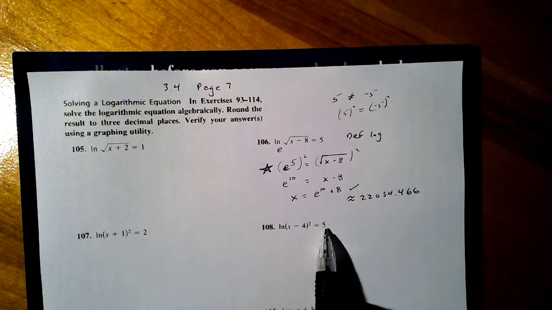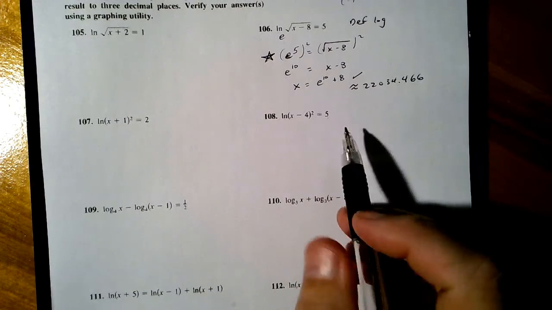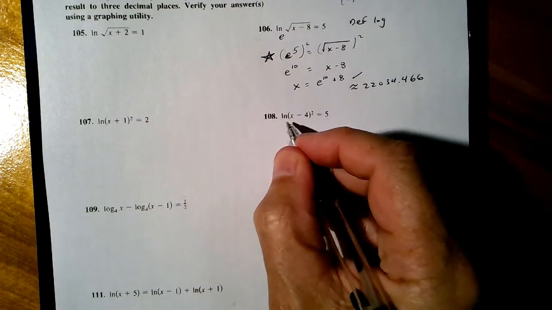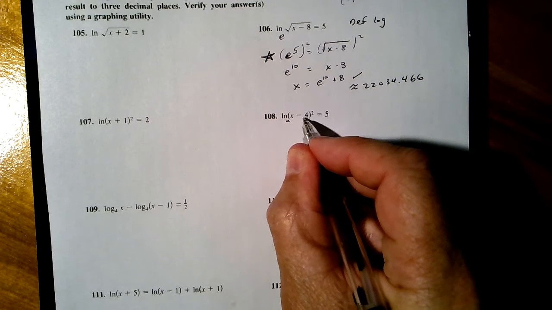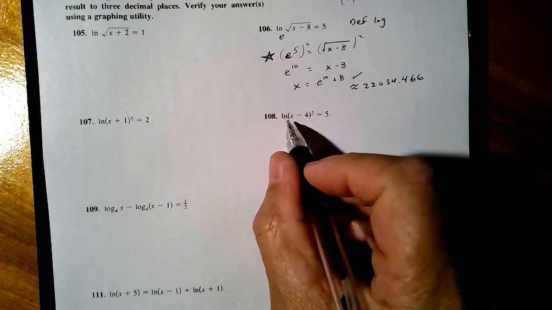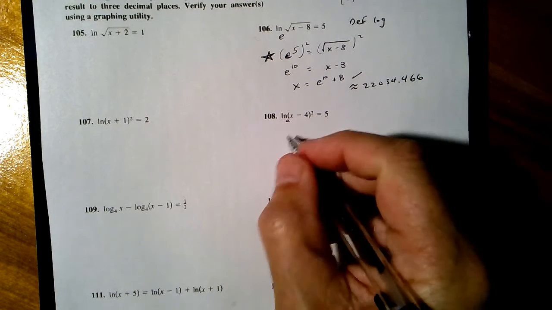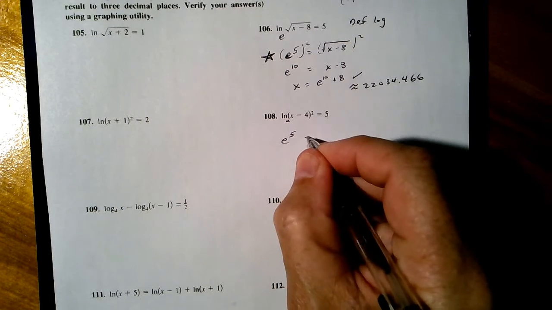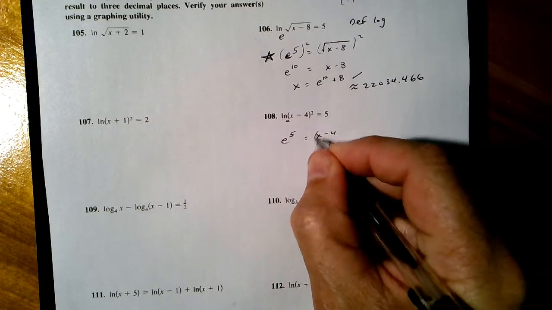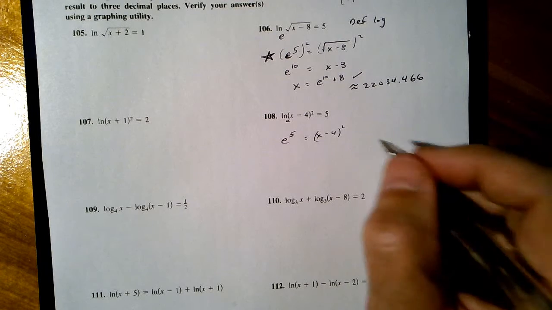Plain old log equals plain old number. Definition of logarithm: this is the exponent that turns e into x minus 4 squared. But this is 5. Therefore, 5 is the exponent that turns e into x minus 4 squared.